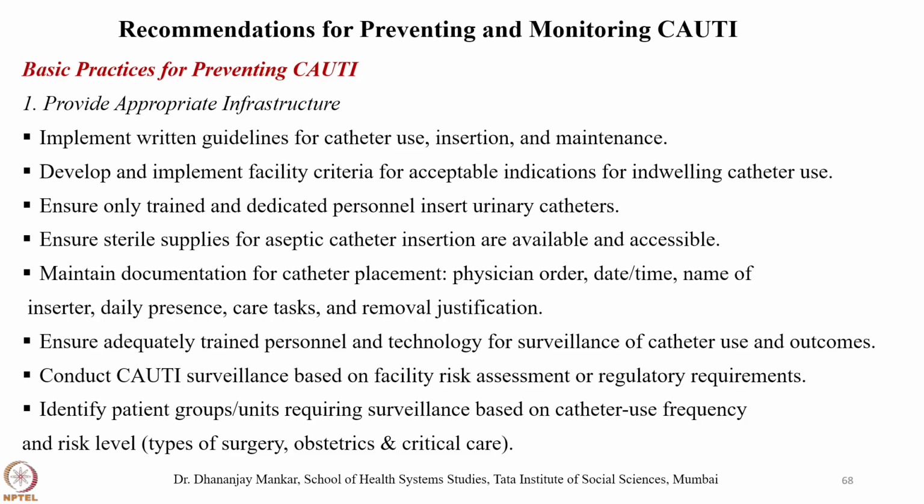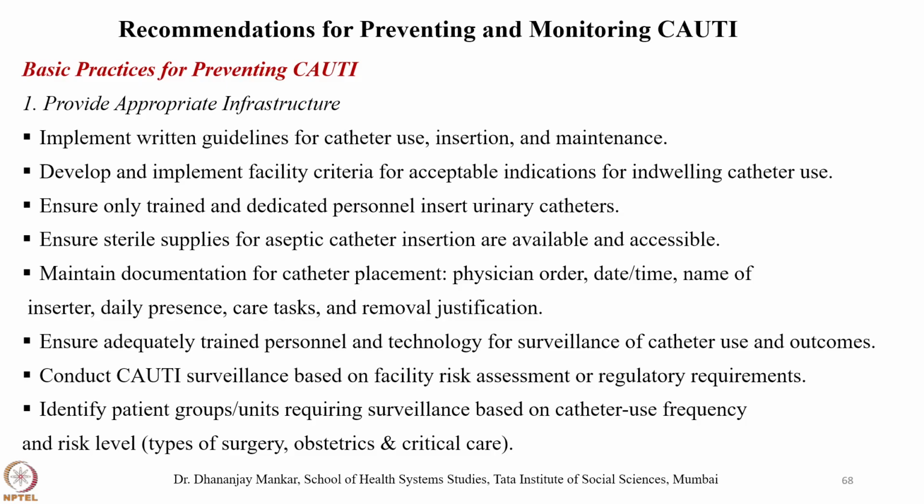Ensure adequately trained personnel and technology for surveillance of catheter use and their outcomes, which is very important to improve the practices. The people who are devoted to work on the technology for this need to be adequately trained.